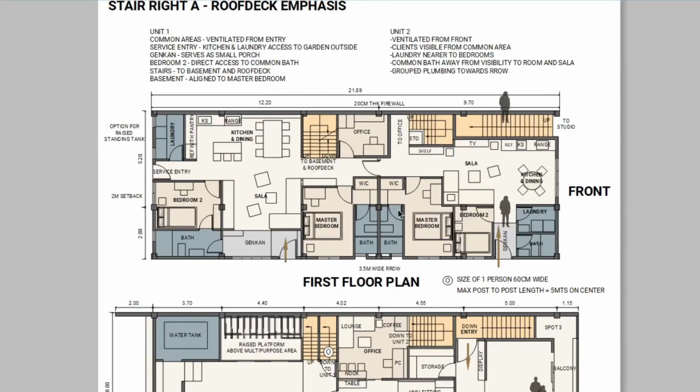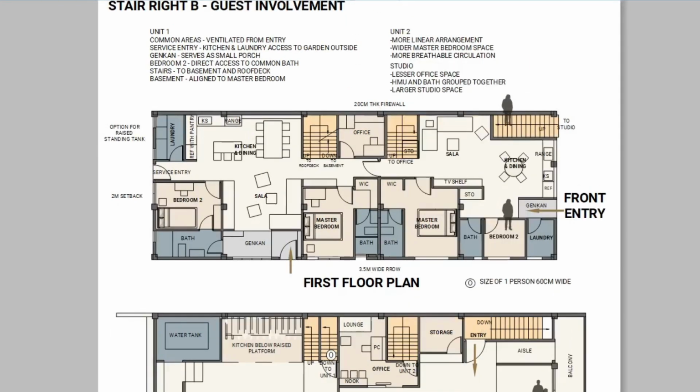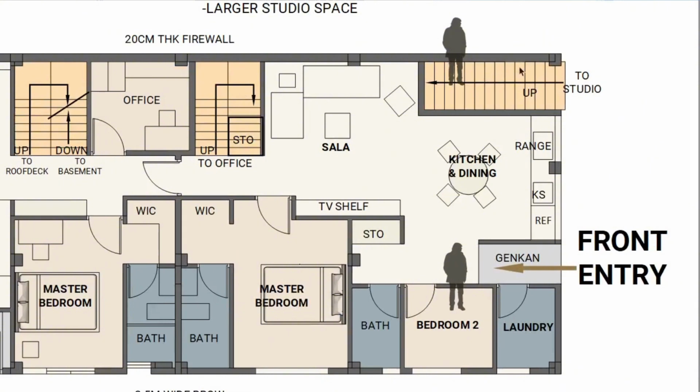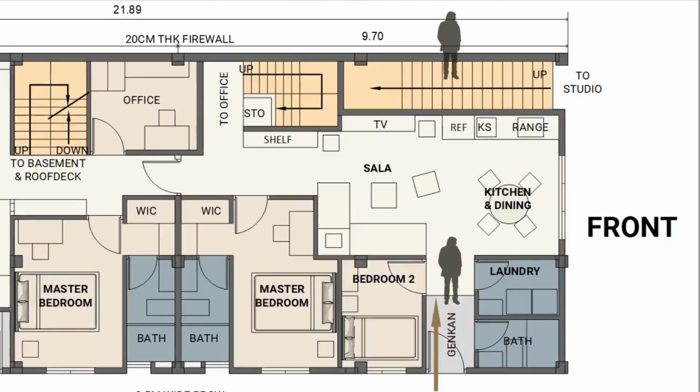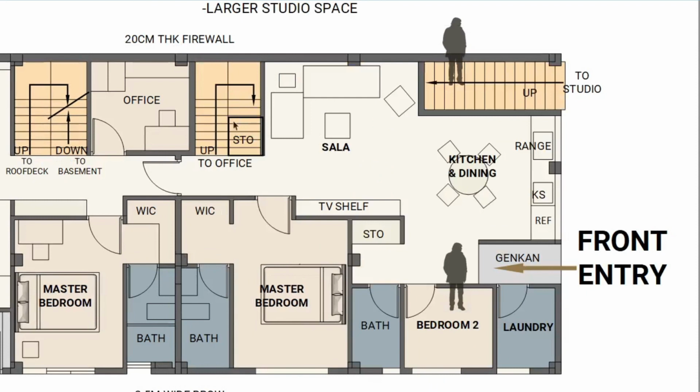But this is not the only option. We have stair right B, where the guest is involved in most of the areas. As you can see, the stair is also on the right side. If we use layout, we could see the difference immediately. However, the photographer's access towards the studio has been changed in stair layout.